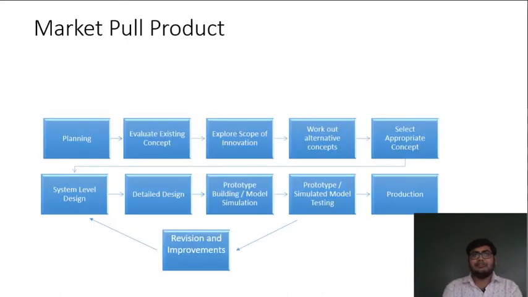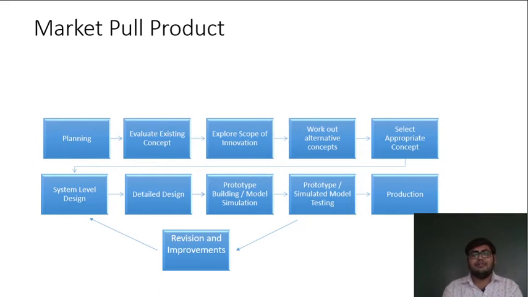First of all, let us discuss market pull products. Now market pull products are those products which are demanded by customers. Customers are already asking for these products. So that means that customer already knows about the product, and probably similar product is already there in the market.